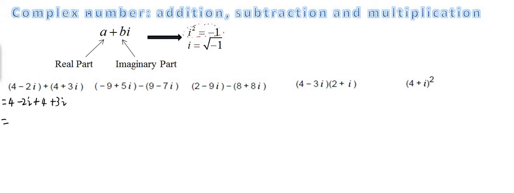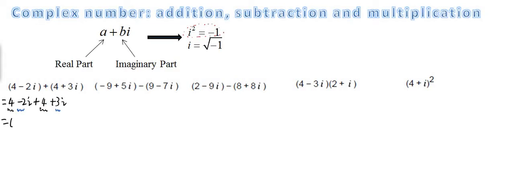Now, we're going to combine the real part. Here is the real part. And we're also going to combine the imaginary part. Here we find one is -2, another one is positive 3. So let's combine them.